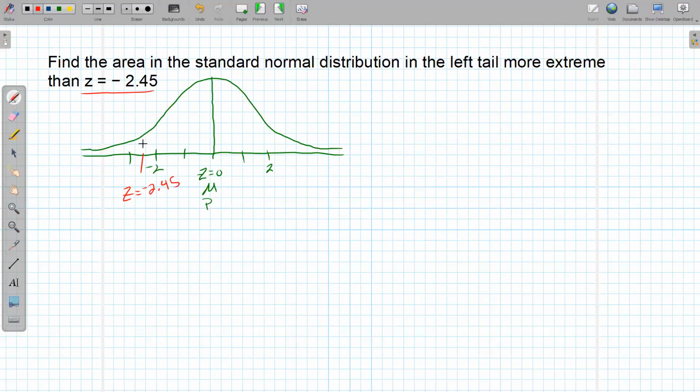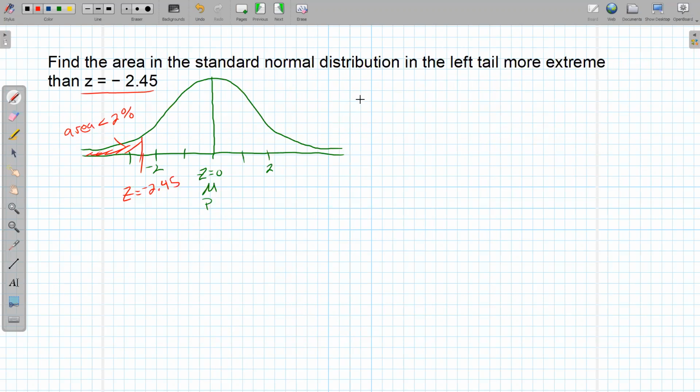I can estimate that. If I know 95% lives from negative 2 to 2, that leaves 2.5% in the tail. So I'm guessing that this area over here is probably less than 2% is my rough guess. And that's like finding a p-value.